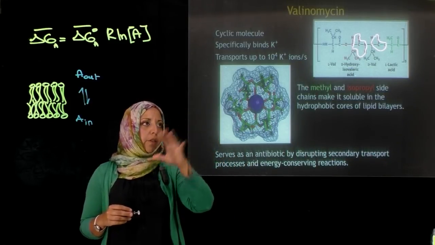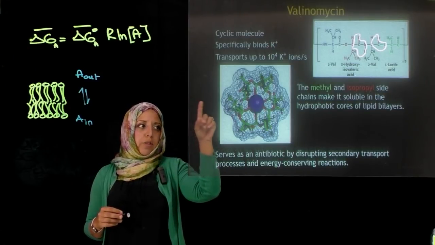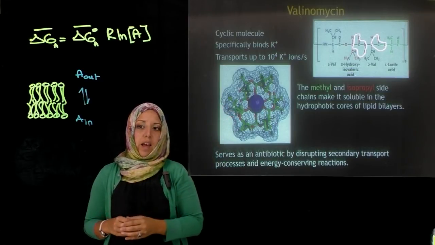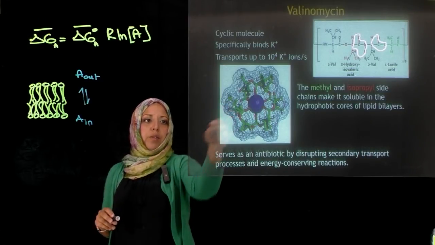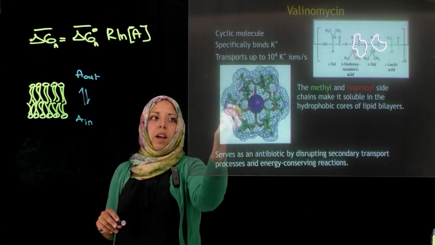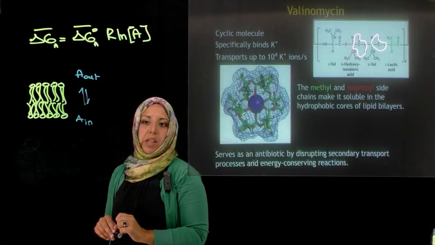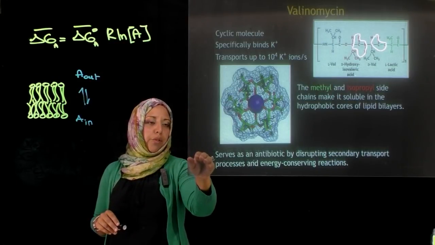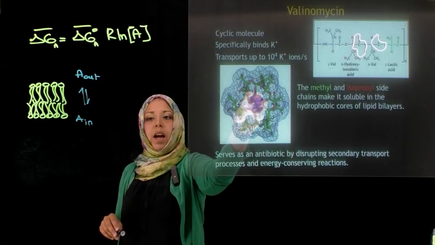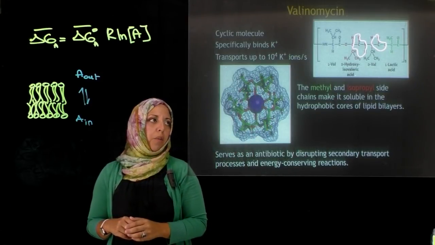And so those are the different types of bonds. What it also has is those isopropyl groups and the methyl group on the L-lactic acid. Those are pointed towards the outside, which makes it soluble within the hydrophobic lipid bilayer and thus it can move through. And then we have potassium ion that fits snugly within the core of valinomycin.